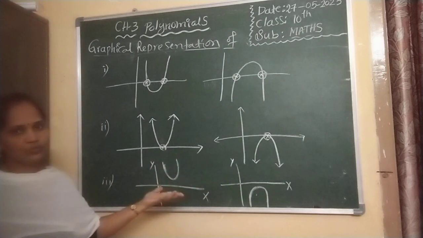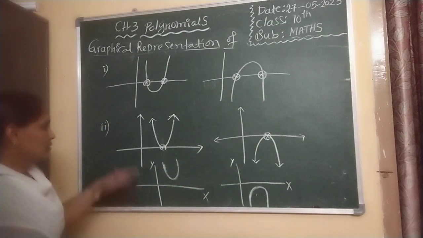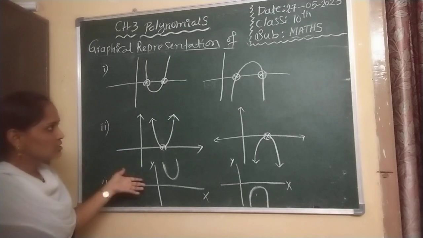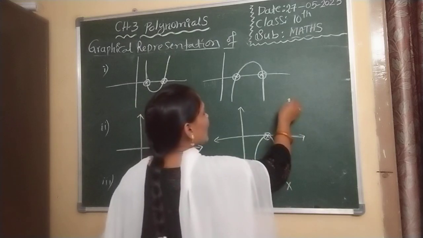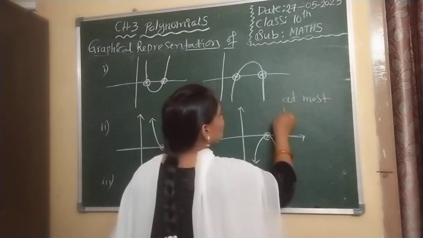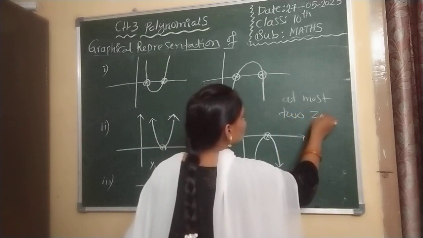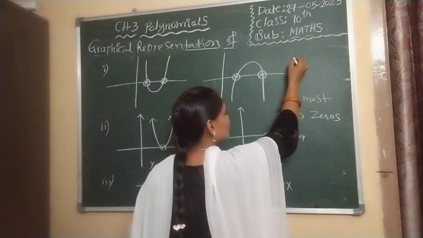So by graphical representation, a quadratic polynomial has at most 2 zeros.